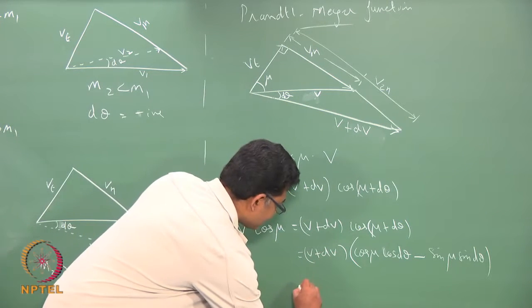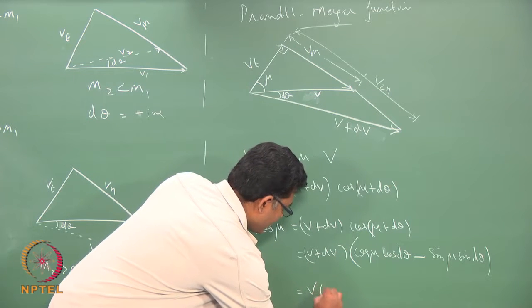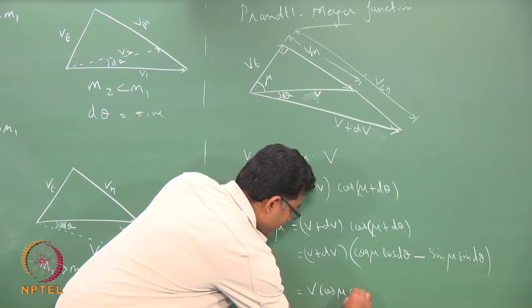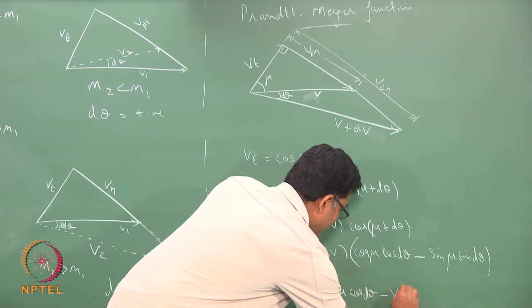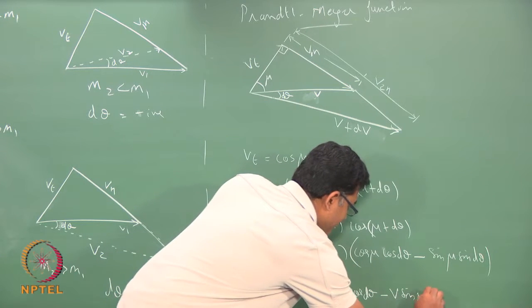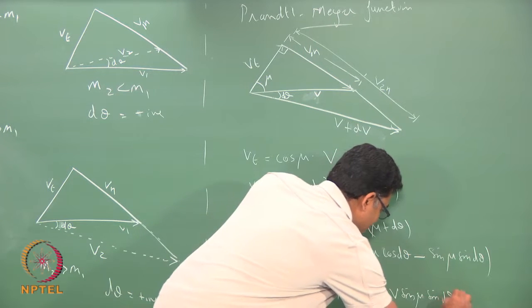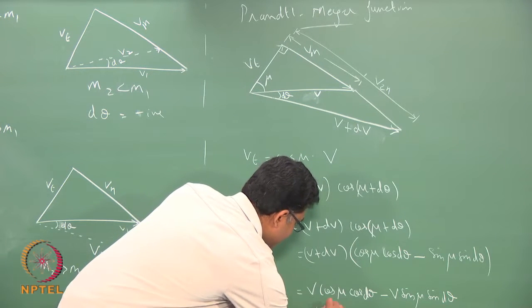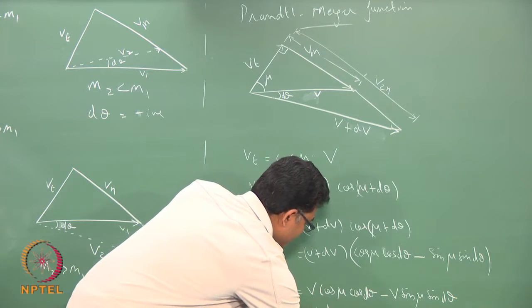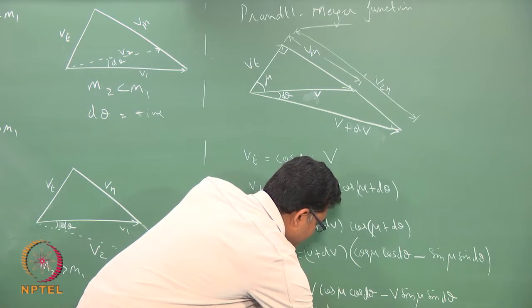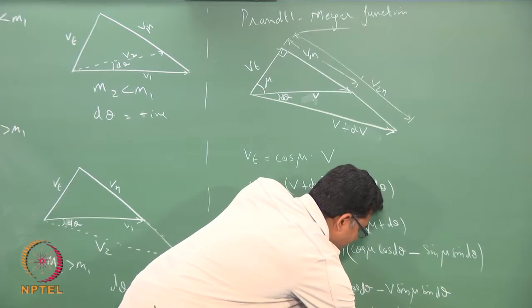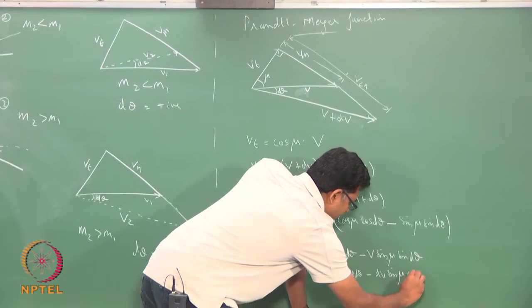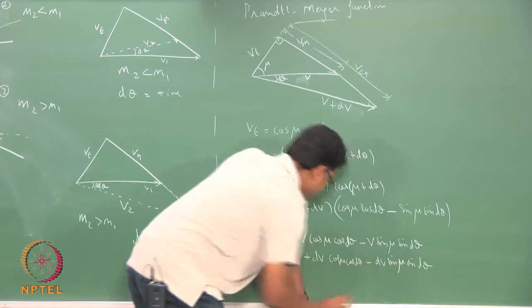So, I expand this further: v cos mu cos d theta minus v sin mu sin d theta plus dv into cos mu cos d theta minus dv sin mu sin d theta.